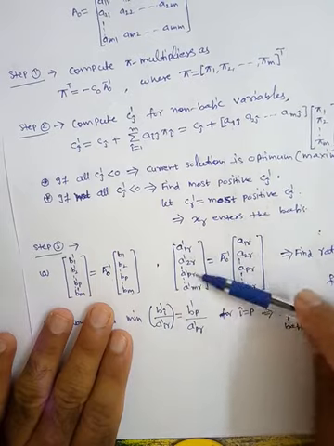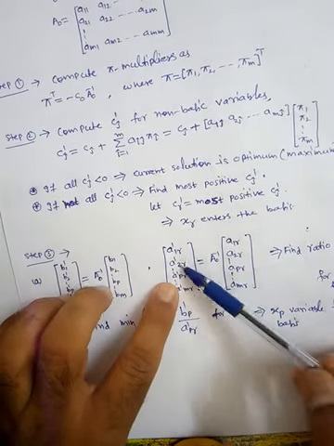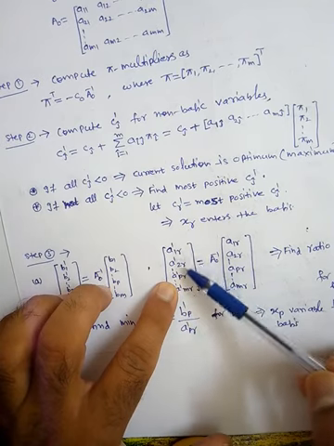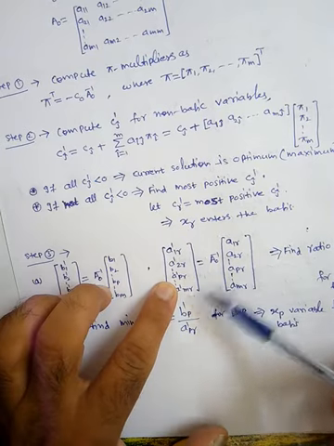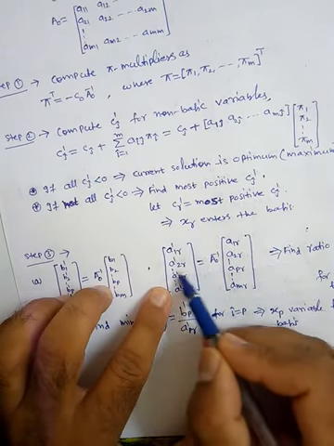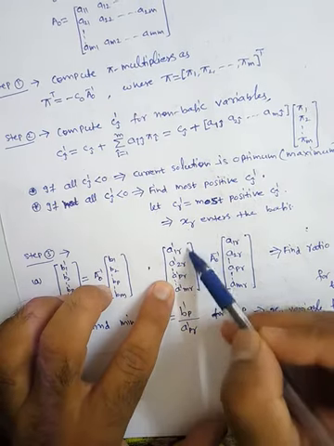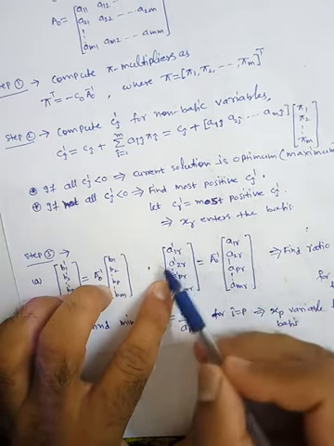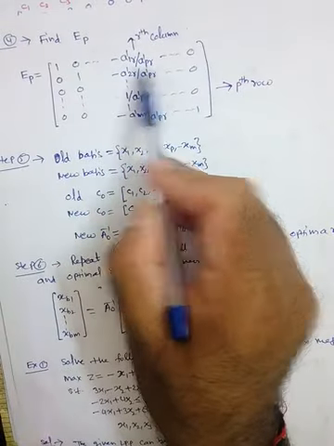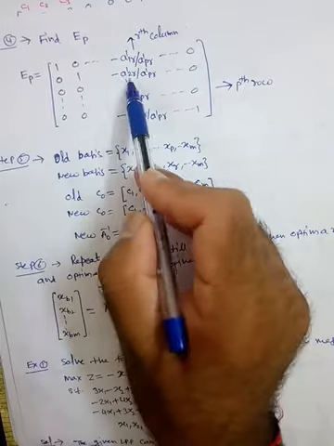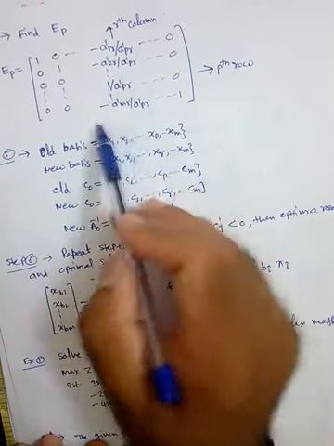The pth entry we take as the reciprocal, and we divide each value by a dash pr: a dash 1r divided by a dash pr, a dash 2r divided by a dash pr, and so on, with a minus sign, and at the pth place we take the reciprocal of a dash pr.